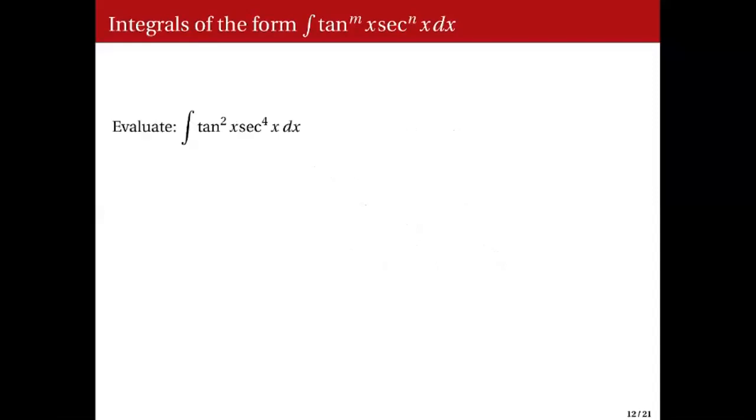For example, if we have here tangent squared x secant to the fourth x dx, we want to integrate that. So the power of secant is even. So what we're going to do is to extract secant squared. So we will have integral of tangent squared x and then secant squared x times secant squared x dx.